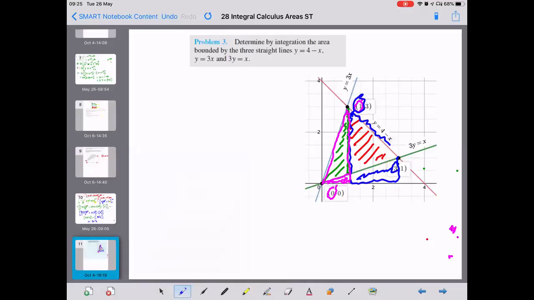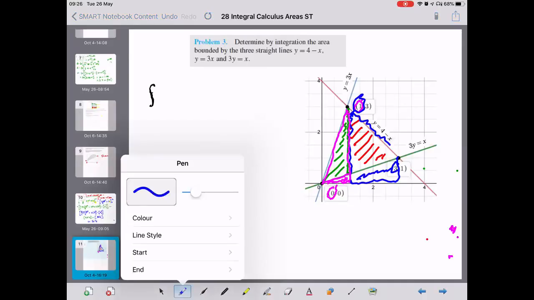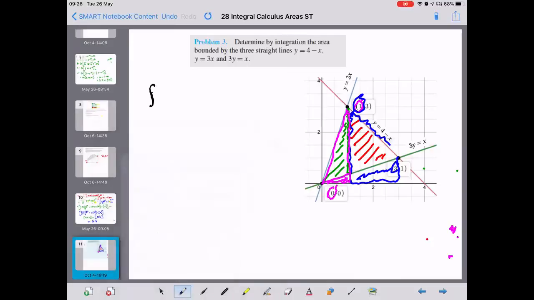So to solve this problem, we need to do the integral between zero and 1 of this 3x function take away y is equal to x over 3.